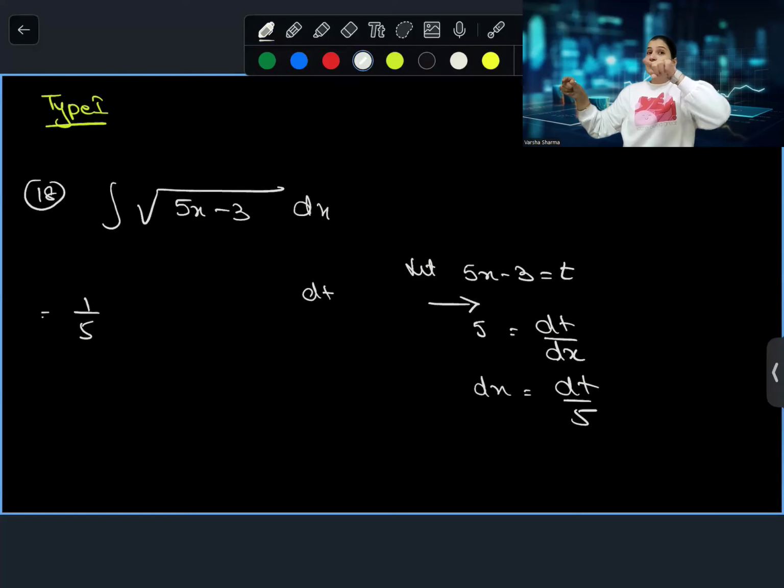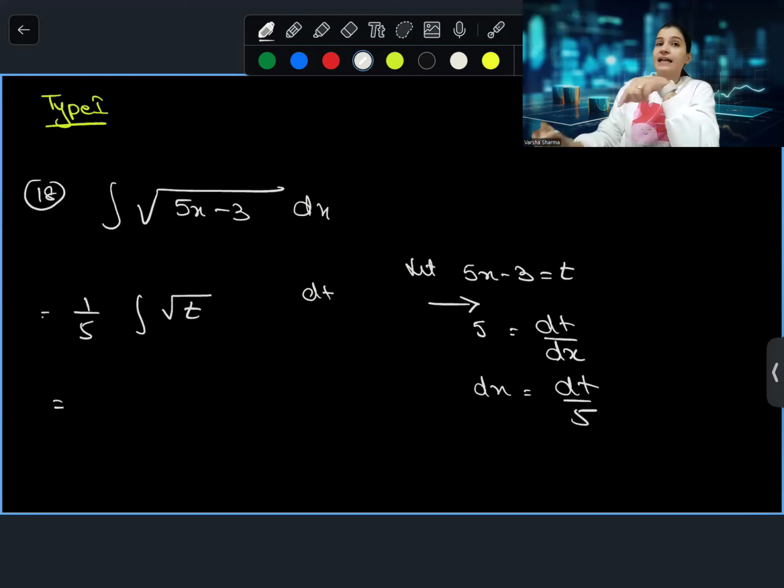And why am I differentiating? Because I have to change dx into dt. Is it understood? Then the question becomes root t. So this is what I was applying. Treat it as root x, power 3 by 2 by 3 by 2. The derivative of the term that is written instead of x, we write it in the denominator.